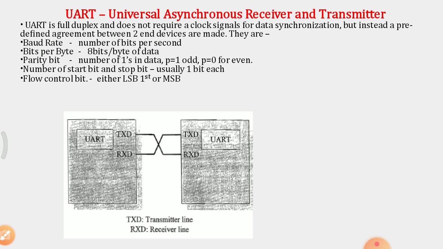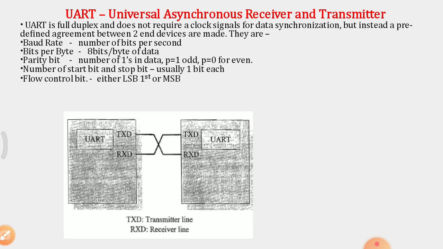Parity bit: this bit tells the number of ones in the 8-bit data. That is, either the number of ones is odd, so p is equal to 1, or the number of ones is even, so p is equal to 0.